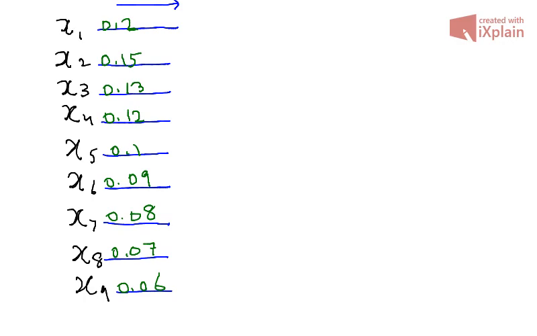Now what we have to do, we have to choose the two least probable branches. Now we have these branches, right? These shown with the blue marker.